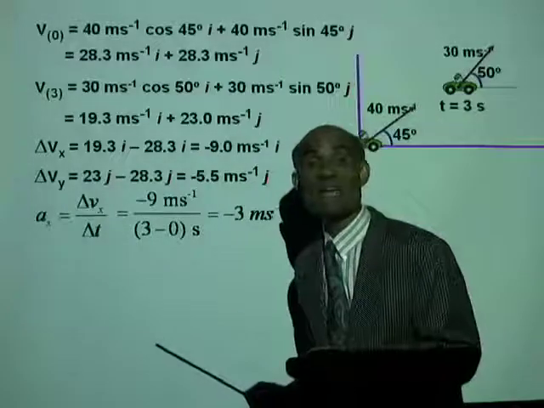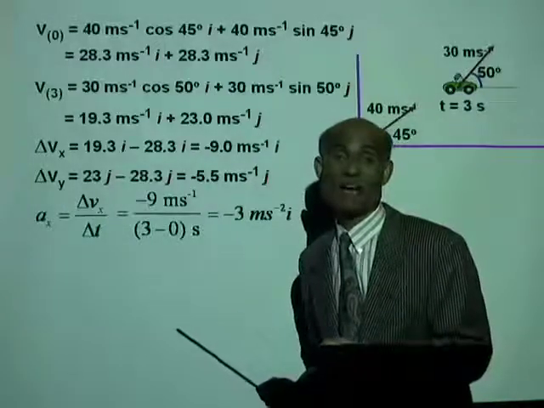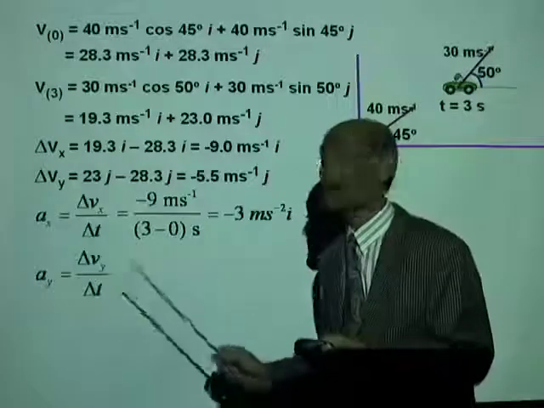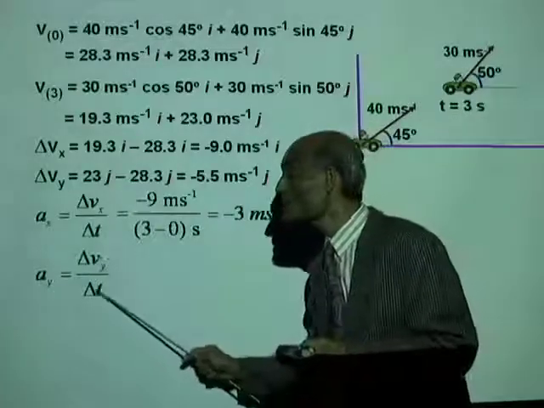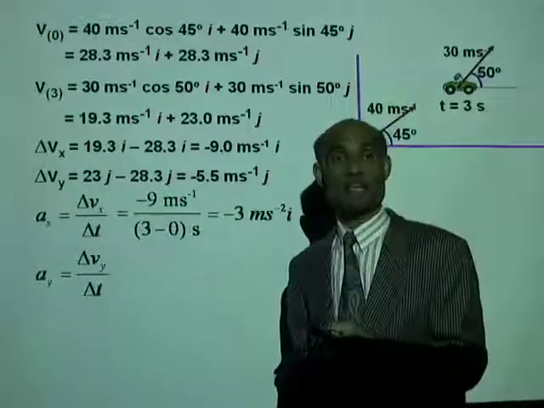What is ay? The average acceleration in the y direction is delta Vy divided by delta t.